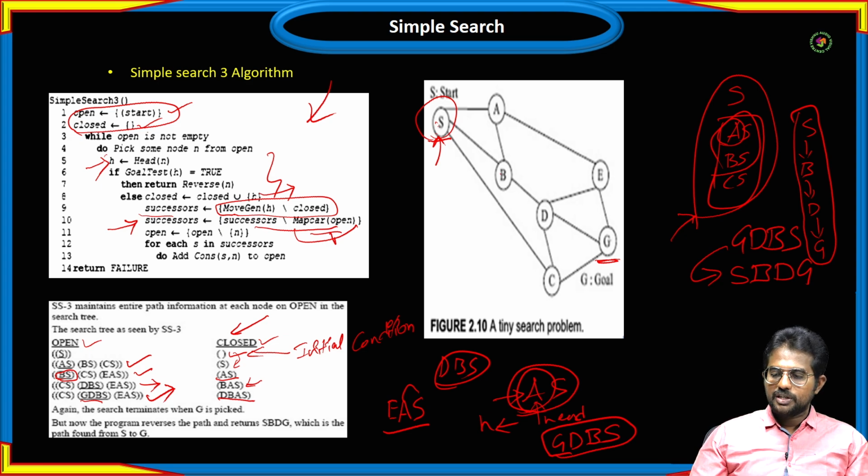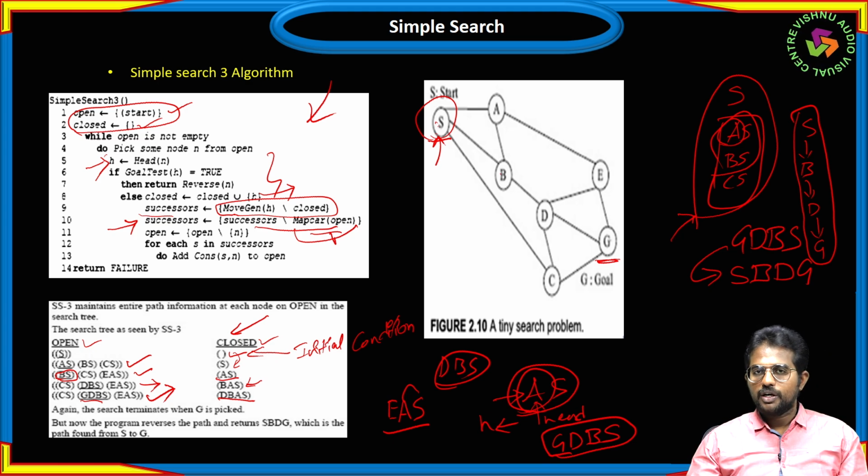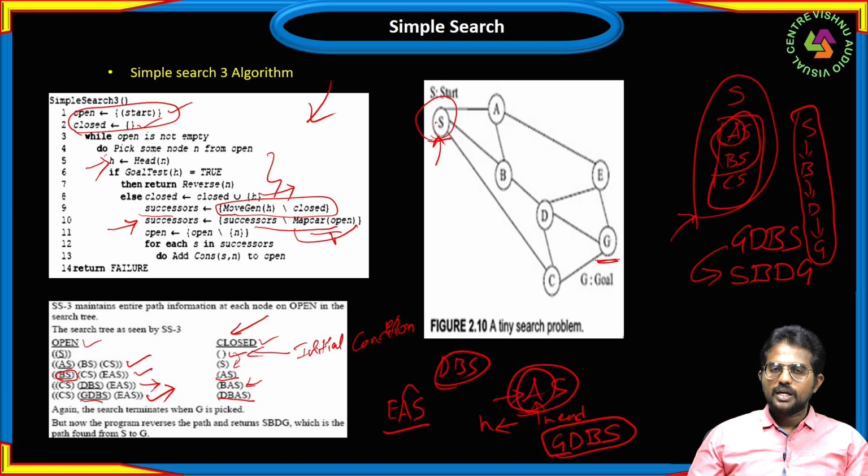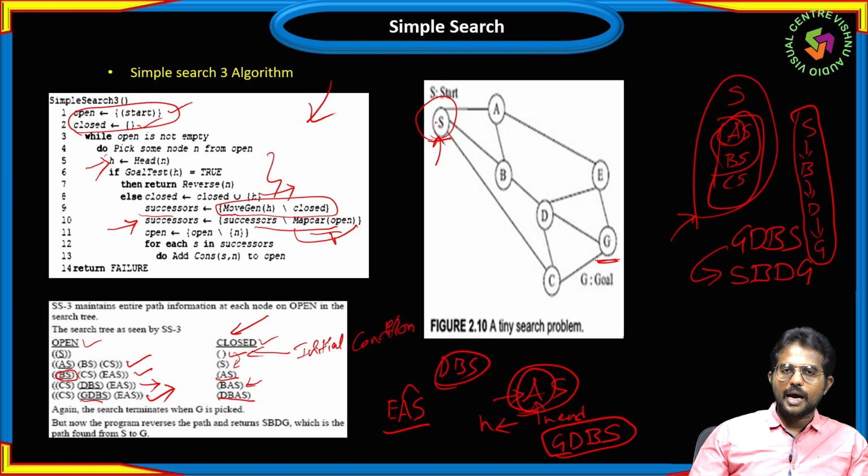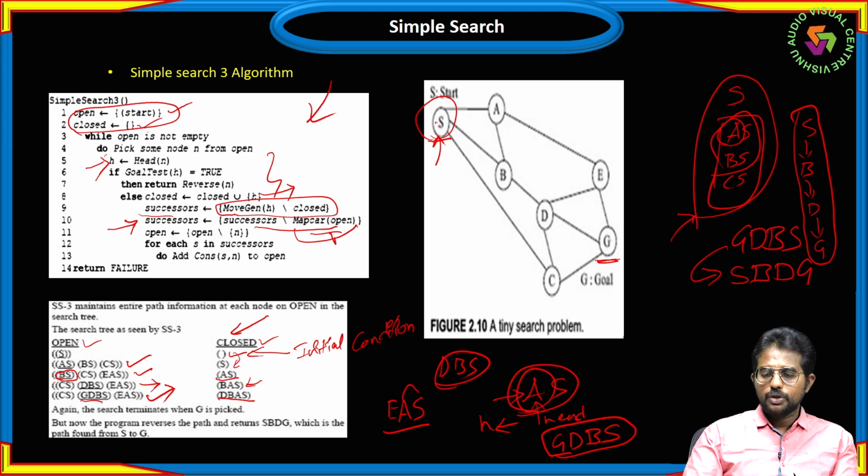So by using simple search tree, we can return success, stating that we have found the goal node, and also we can give the path. This path will be given, that is S, B, D, G, to whoever has applied this algorithm to find a goal node. So this is the simple search tree algorithm.